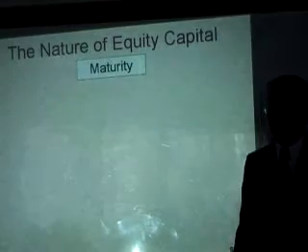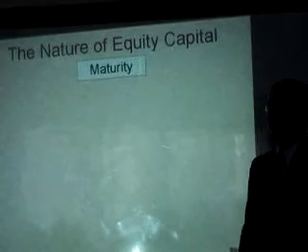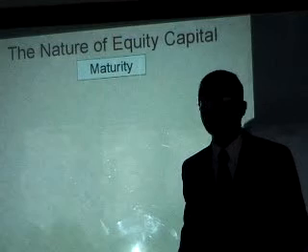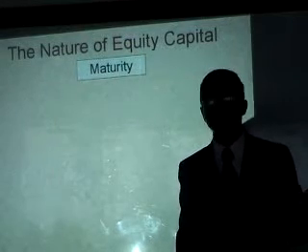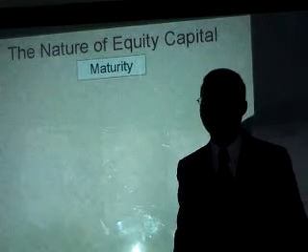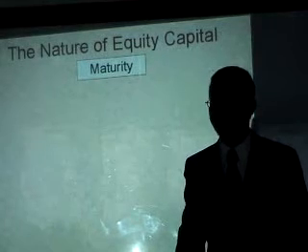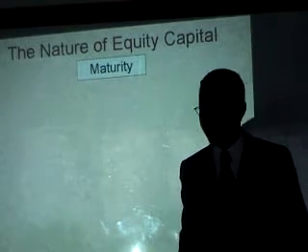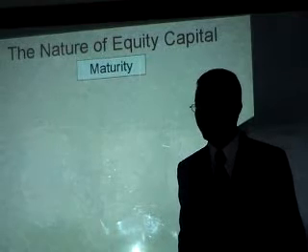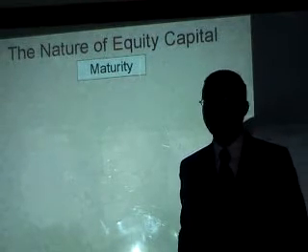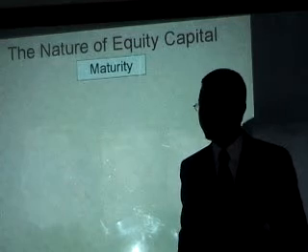Now we look at the third characteristic, which is maturity. As I mentioned before, debt holders, such as bonds, have a stated maturity, or any debt, for example bank loans, they have maturity. For example, in 25 years, you have to pay your debts. But for equity holders, there is no stated maturity date.